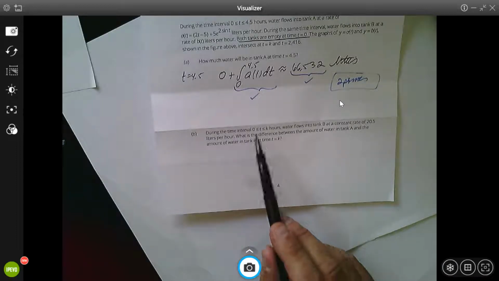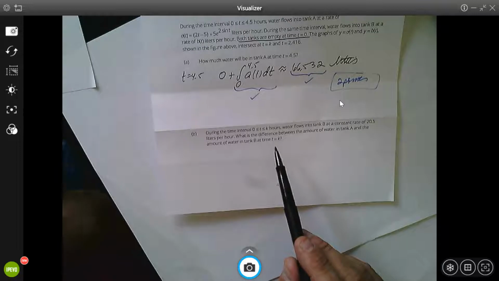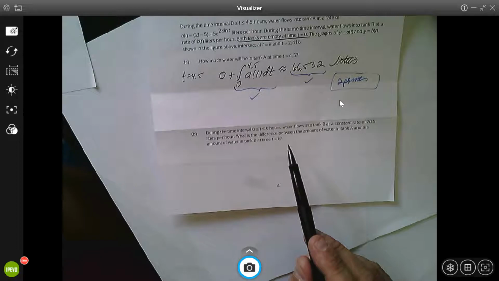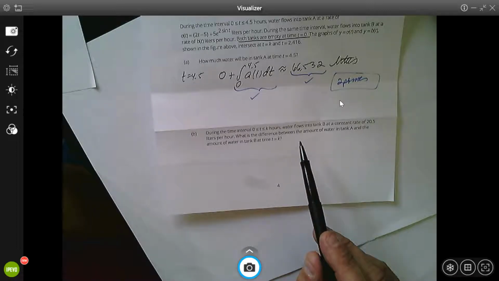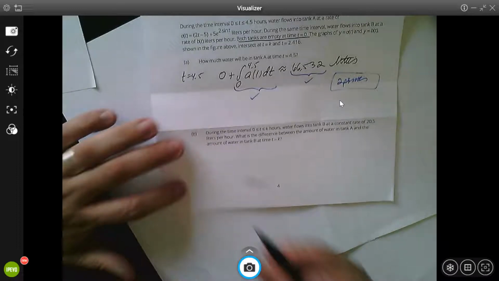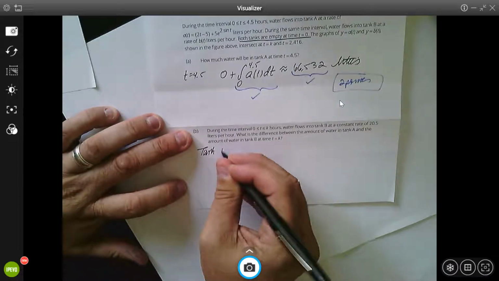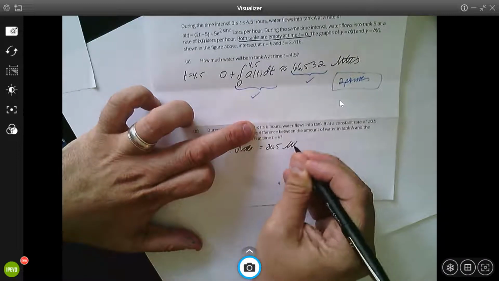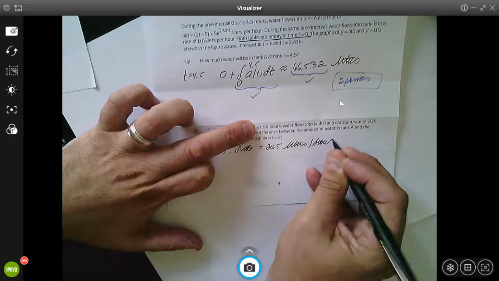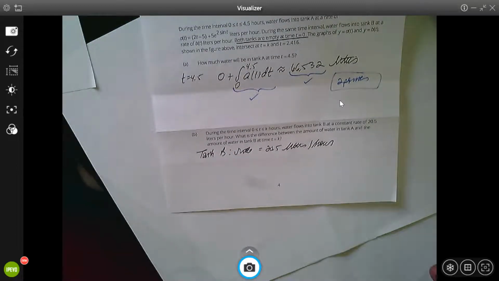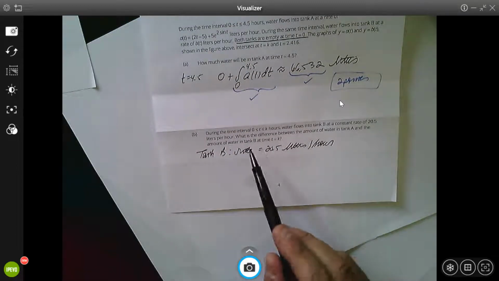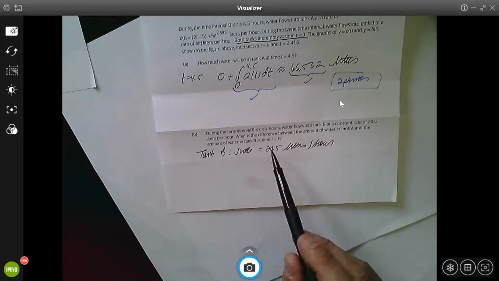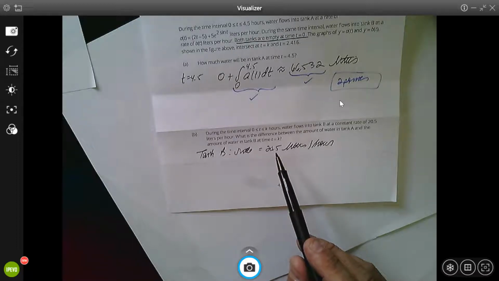So for tank B, the rate is 20.5 liters per hour. Okay? That's what they tell us. What is the difference between the amount of water in tank A and tank B at time t = k?